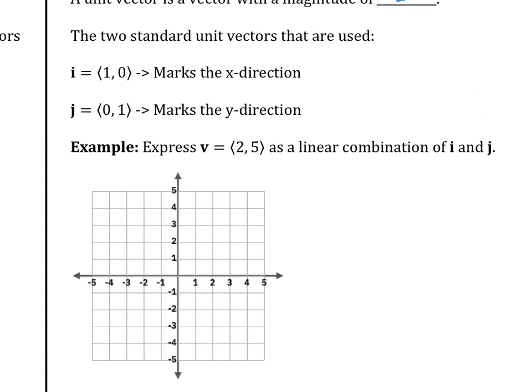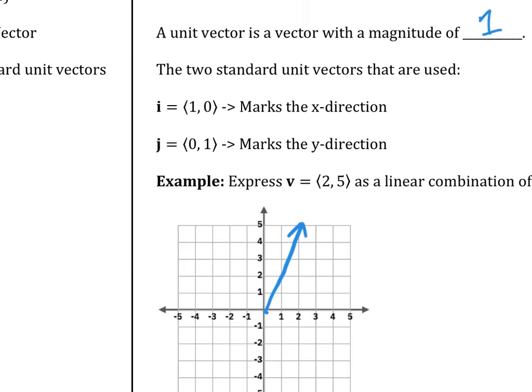So let's look at one question. Let's say that vector v is 2, 5. So let's draw 2, 5. Now it says, please express this vector as a linear combination of I, j. What does that even mean? Well, let's look at your I, j vectors first.